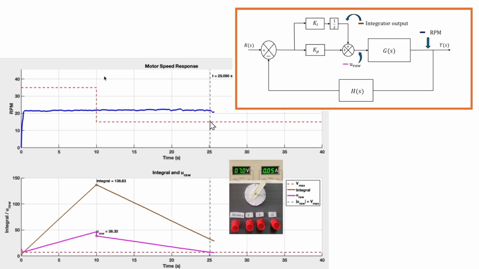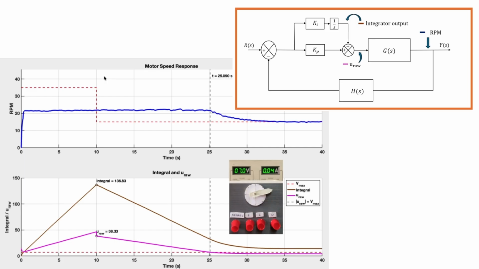The reference is 15 now, so the output of the integral will keep on decreasing, which means the u will also decrease further. That means it will go down below the Vmax, and you will see it has gone down below Vmax, and then finally it has reached your 15 rpm.